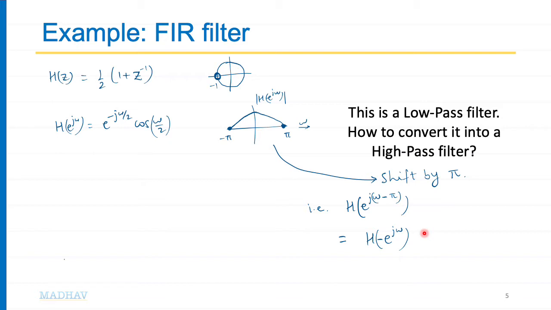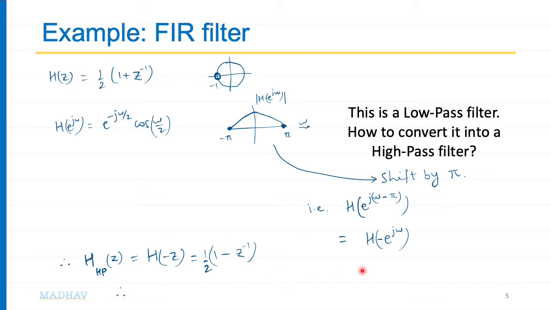Therefore the new high pass transfer function H_high pass(z) is simply equal to H(−z), where H(z) is this low pass one. If I substitute it in this, I get simply this, and that's a high pass filter.